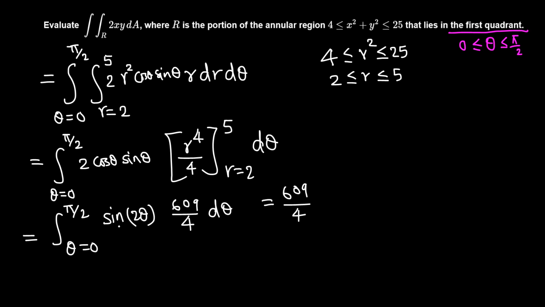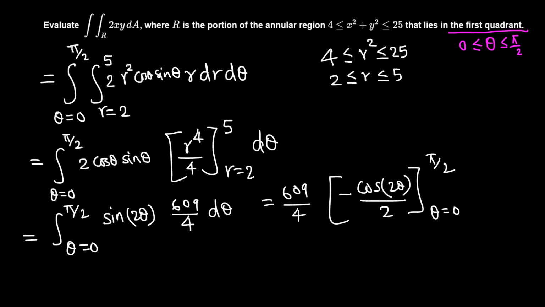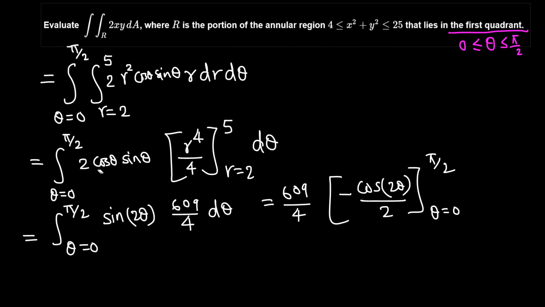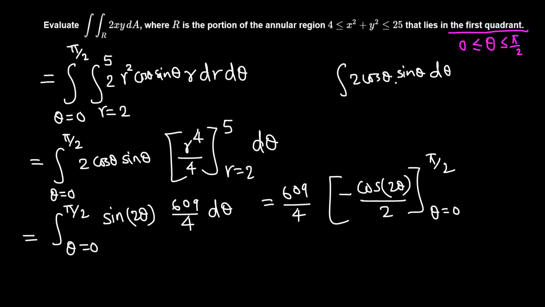Now the antiderivative of sine 2 theta is negative cosine 2 theta divided by 2, and we need to go from theta equals 0 through pi over 2. Okay, we could have left 2 cosine theta sine theta, and to integrate this we can make a u substitution.